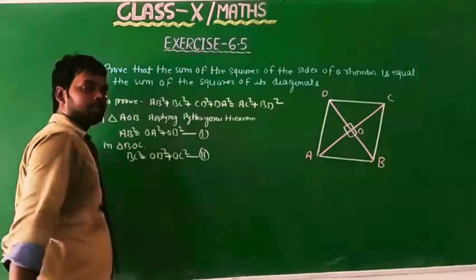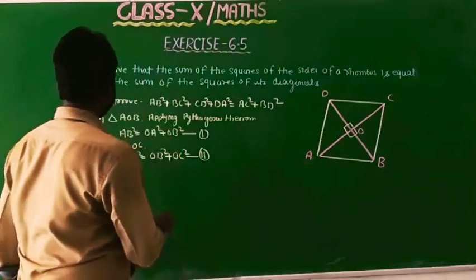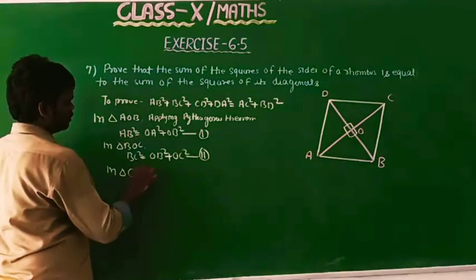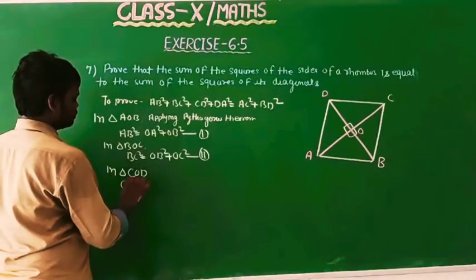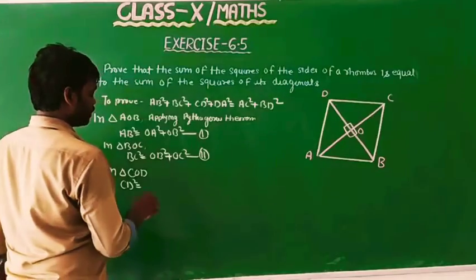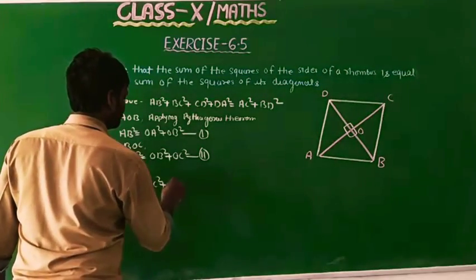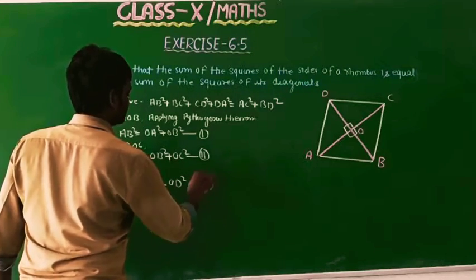And in triangle COD, CD square equal to OC square plus OD square, equation 3.